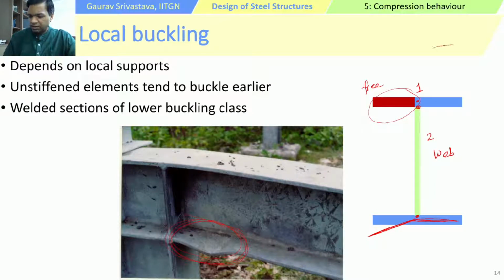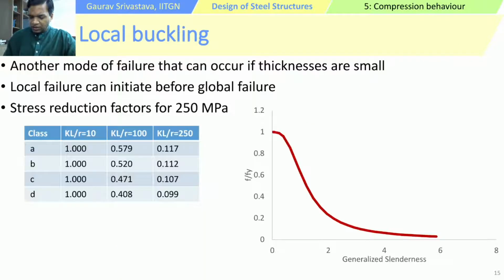If we were to consider a box section, in this case all portions are doubly supported, one supporting the other two. So in this case, it will be symmetrical with respect to buckling class. Okay.